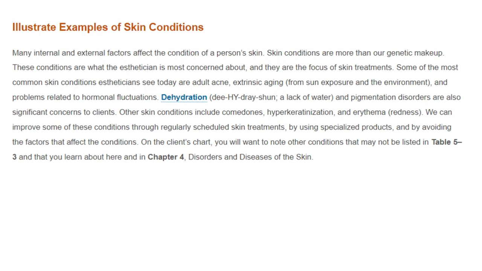We can improve some of these conditions through regularly scheduled skin treatments, by using specialized products, and by avoiding the factors that affect the conditions. On the client's chart, you will want to note other conditions that may not be listed in Table 5.3 and that you learn about here and in Chapter 4, Disorders and Diseases of the Skin.